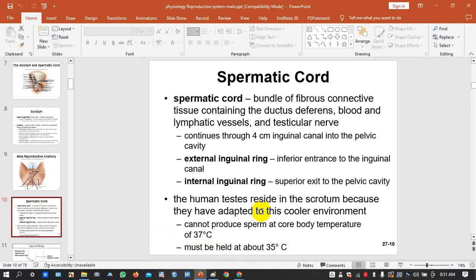If the testes were buried in the body, like in cryptorchidism, which we will see later, the physiological temperature of 37 degrees will affect semen production. So that's why God thought it wise to bring the testes into the scrotum, which hangs outside the body, so that it can have a cool, lower temperature.